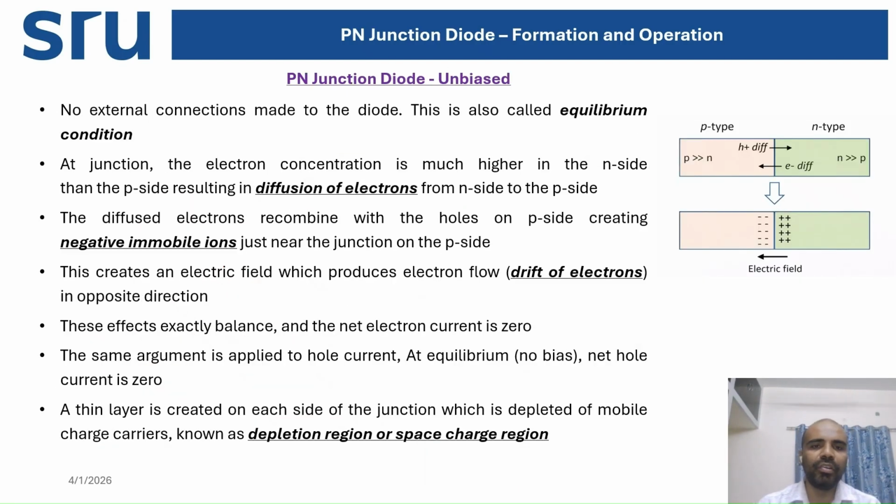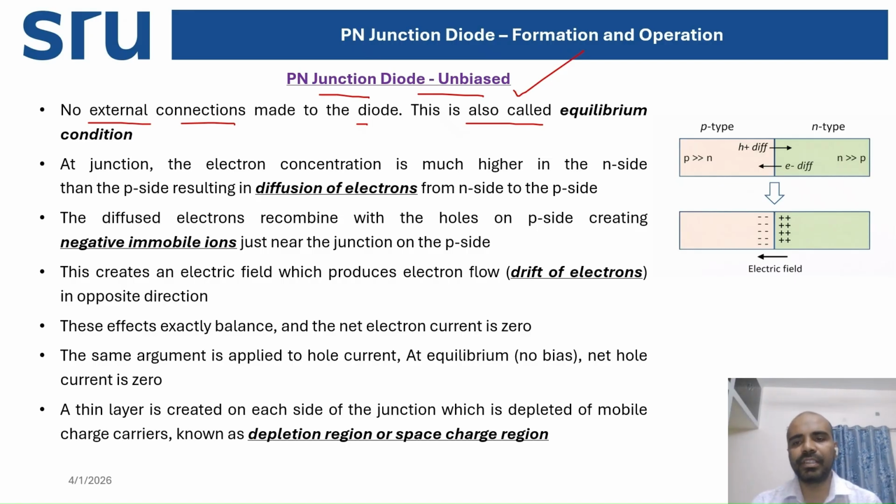So now we will discuss the PN junction diode at unbiased condition, when no biasing is applied. When no external connections are made to the diode, this is called the equilibrium condition.